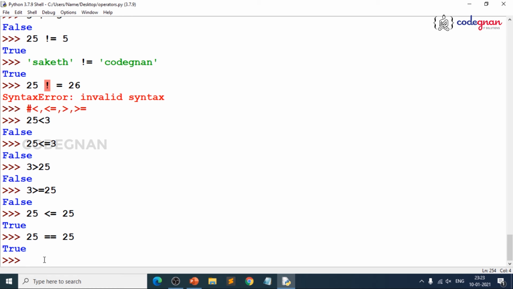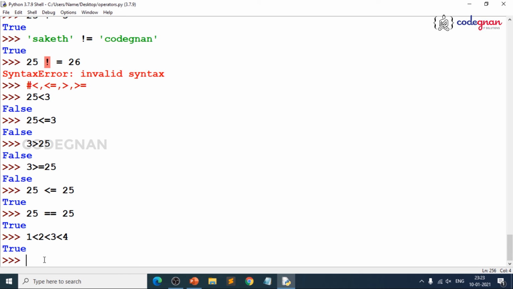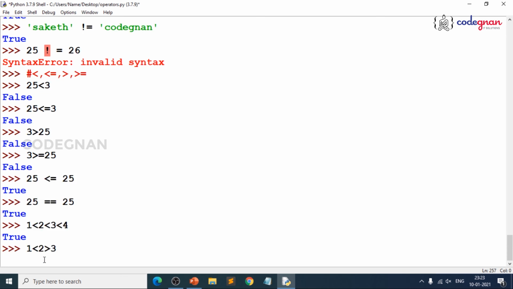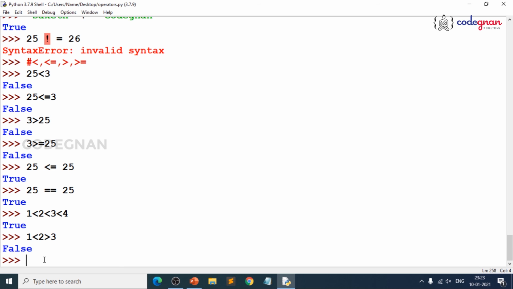when you use comparison operators, where you frame the relationship between two operands. If you give 1 less than 2, 2 less than 3, 3 less than 4, it's obviously true, because 1 is less than 2, 2 is less than 3, and 3 is less than 4. Now if you give 1 less than 2, 2 greater than 3, what is happening there? 2 greater than 3 is true, right?